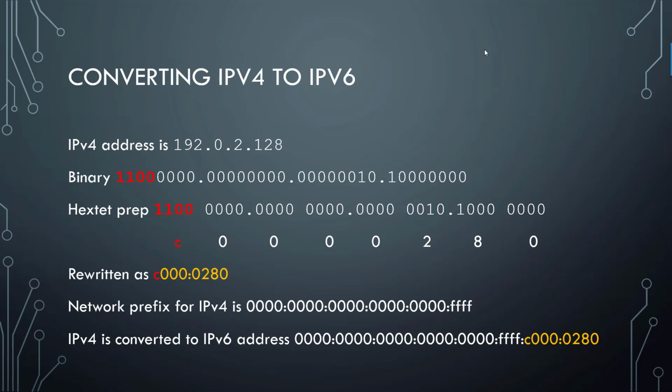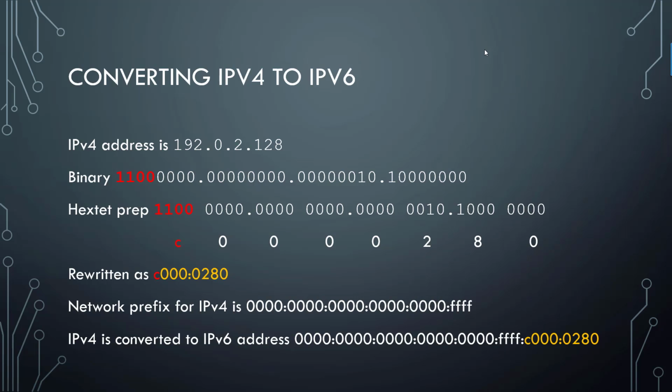They are numbers that represent the number of ones and zeros in an octet. Now we're looking at the number of ones and zeros in a hextet, so that's slightly different. So we convert the IPv4 decimal to a binary representation, and then we break up that binary representation into hextets.